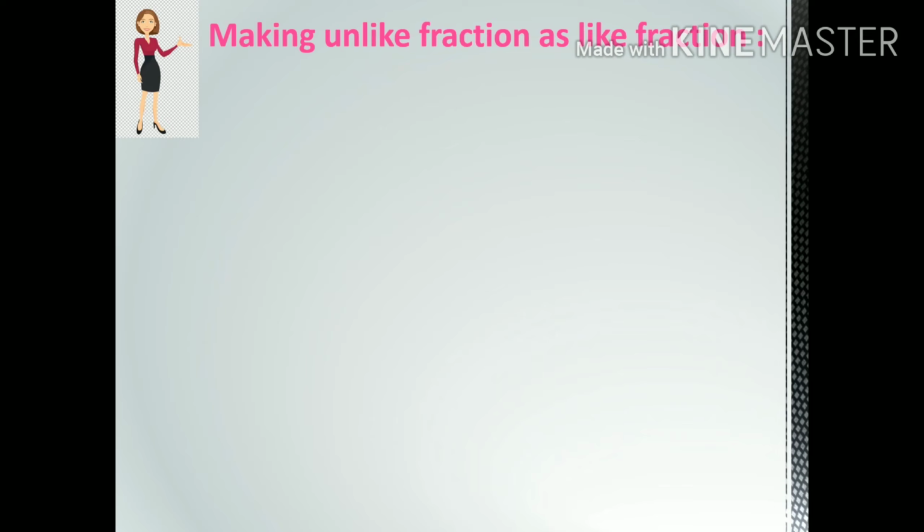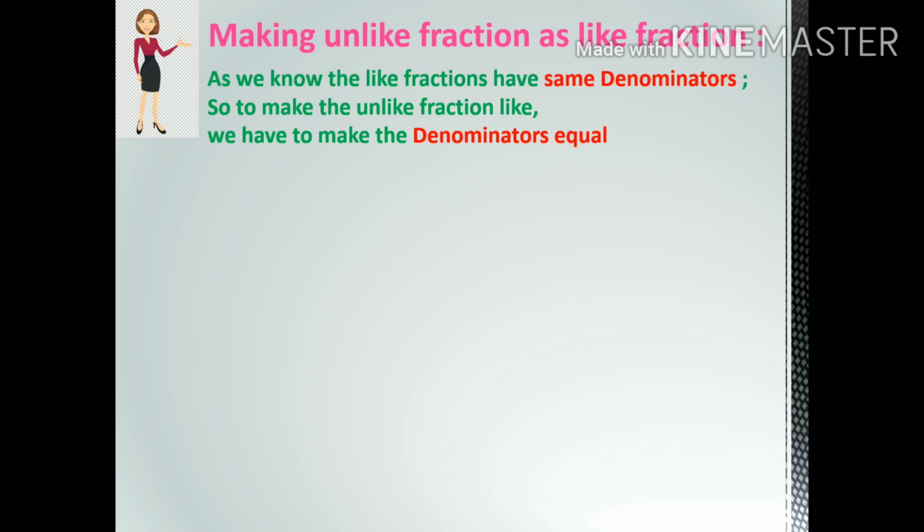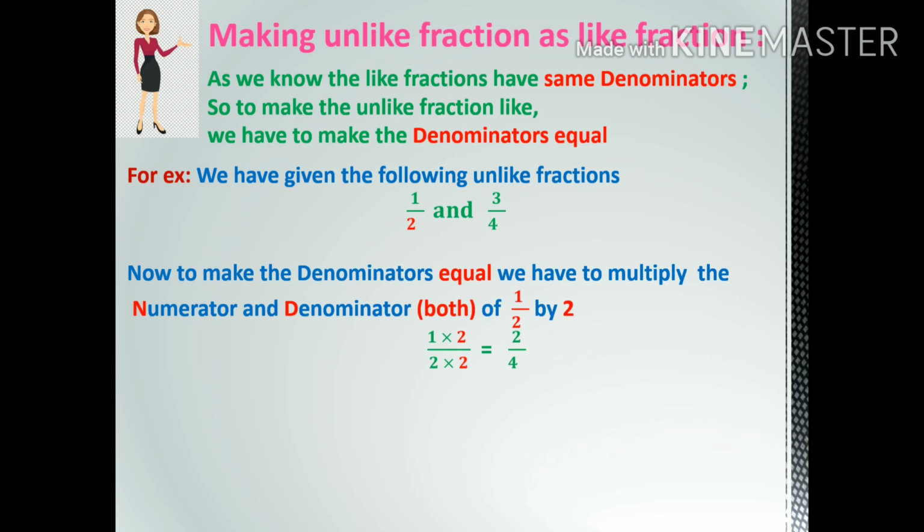Now we will learn how to make unlike fractions as like fractions. As we know, the like fractions have same denominators, so to make the unlike fractions like, we have to make the denominators equal. For example, we have given the following unlike fractions, that is 1 upon 2 and 3 upon 4.